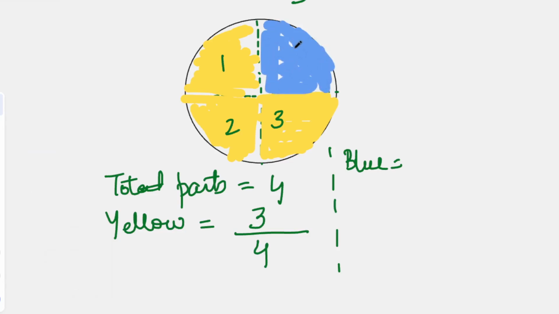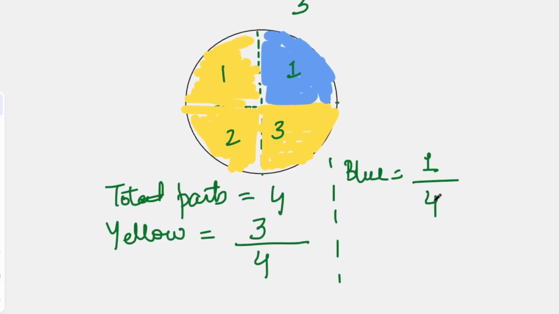Just 1 part, right? So again we can write here 1 blue part. So the numerator will be 1 here and total parts are 4. So the denominator will be 4. So this is how we use fractions to represent equal parts of a whole.